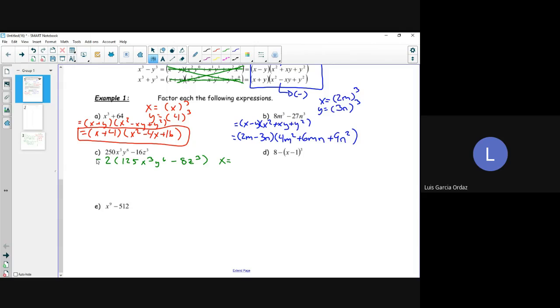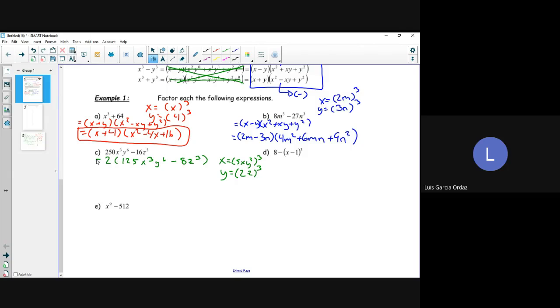We can get 5 times xy squared to the power of 3. And then we know that the cubic root of 8 is going to be 2, so we get 2z to the power of 3. Now we know what our x and y are, and that it is a difference of cubes.